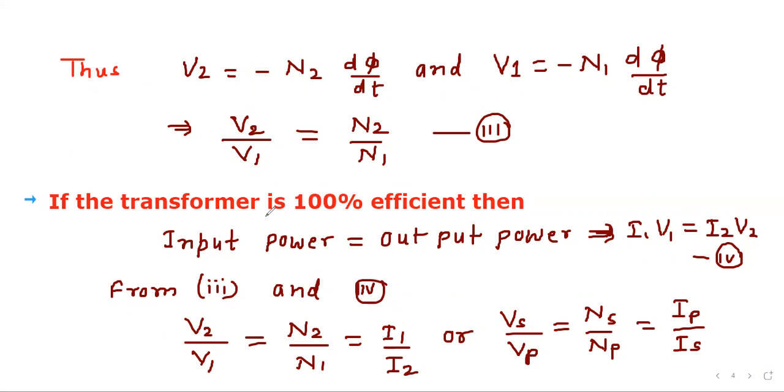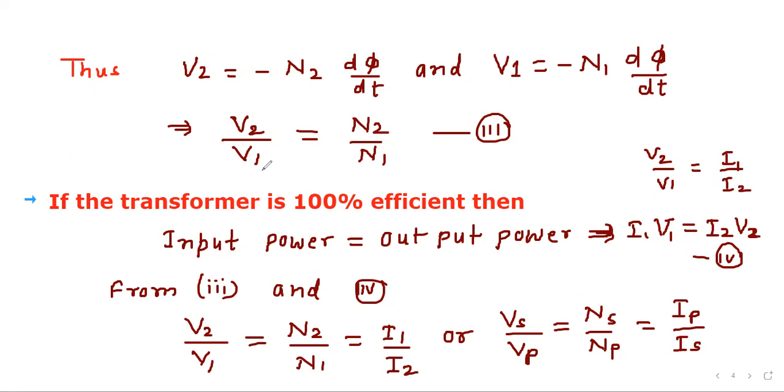Now, if the transformer is 100% efficient, then input power and output power will be equal. So we can say I1 V1, the input power, equal to I2 V2, that is output power. So from here we can find the value of V2 upon V1, which will be equal to I1 upon I2.